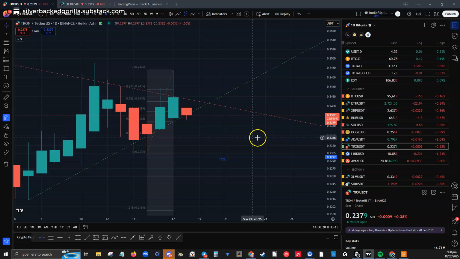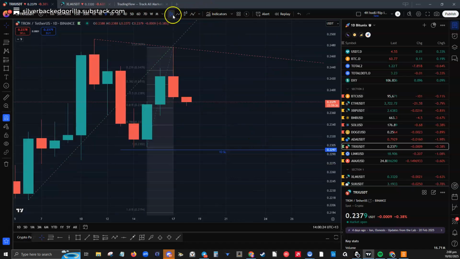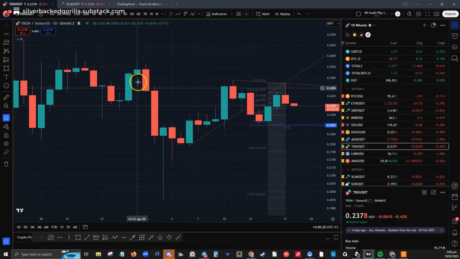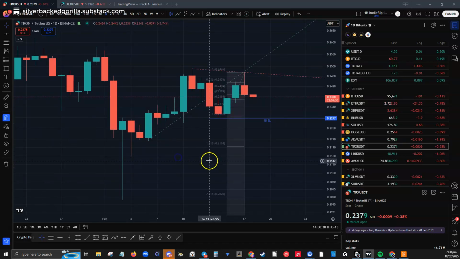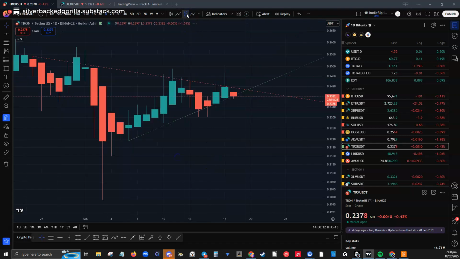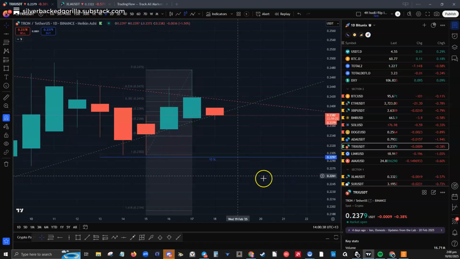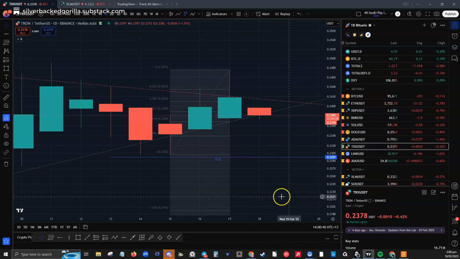That's why I use Heikin-Ashi candles. I don't want to see all this, because this is what gives you FOMO and shakes you out. You want this. Very straightforward, much less emotional, much more technical, mathematical.